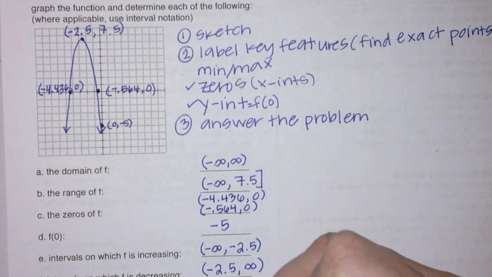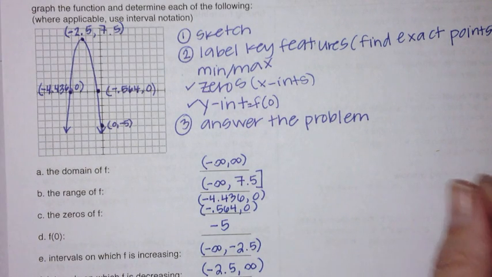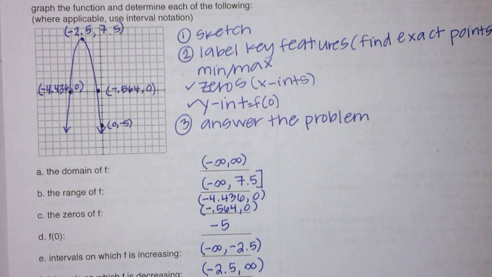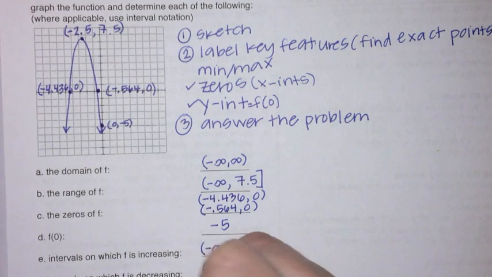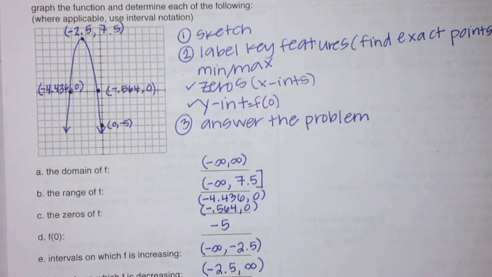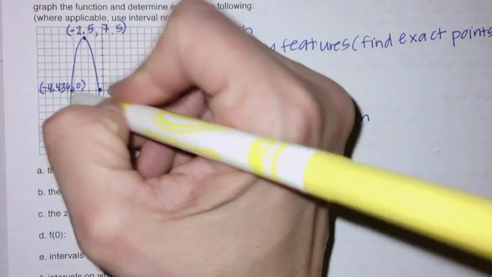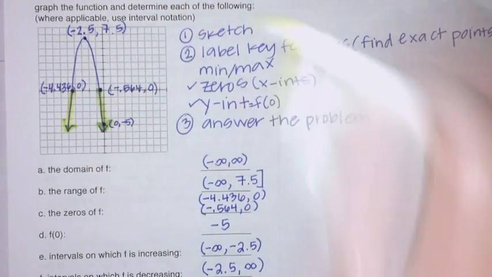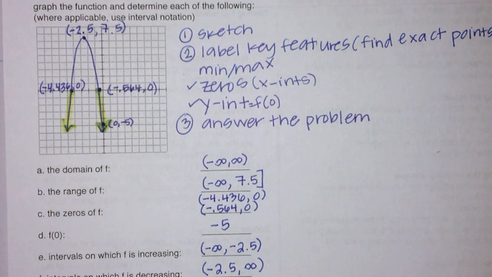Now this one right here is hard for students. It says the values of x for which f of x is less than or equal to 0. So this is saying where y is less than or equal to 0. So I'm going to go to my graph. Here's y equals 0. Anything below would be less than or equal to 0. So I have it highlighted there.